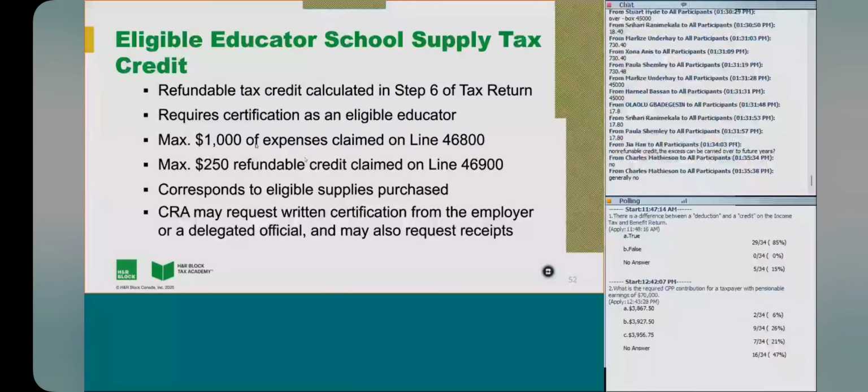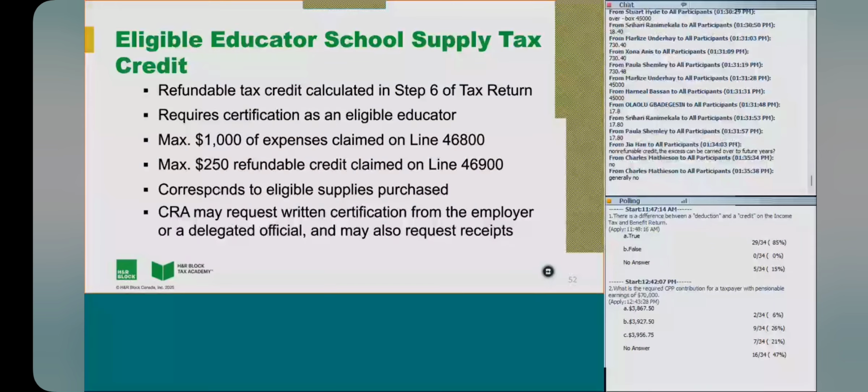So I think we can have a look at those, and then we can have a look at step 6 in the return. But the basic idea is that this is for teachers, not university instructors, but high school teachers, elementary school teachers, even preschool, daycare teachers who pay out of their own pocket for supplies to use in the classroom. So they get 25% of that back as a refundable tax credit.